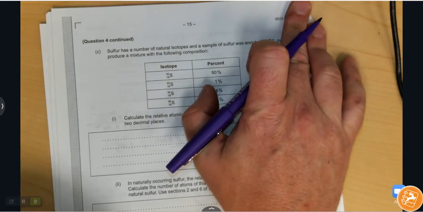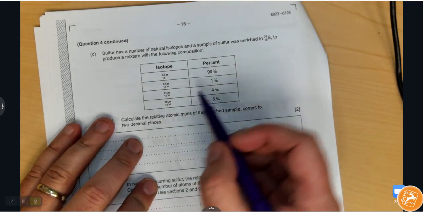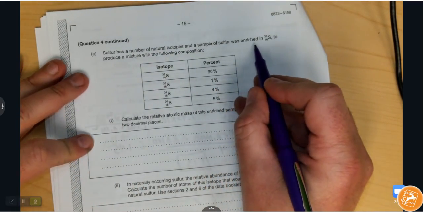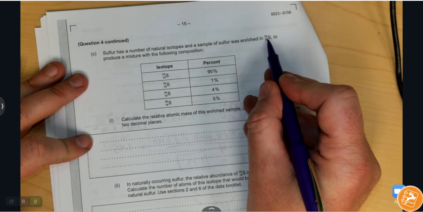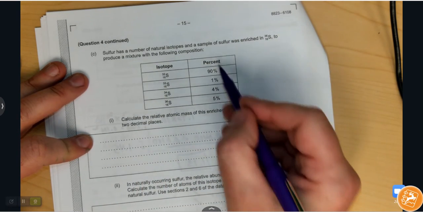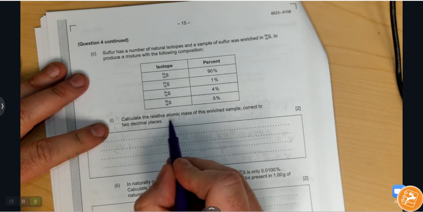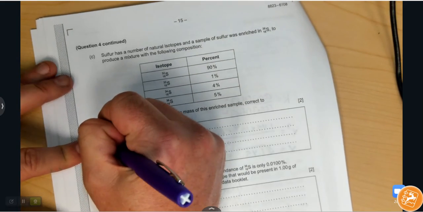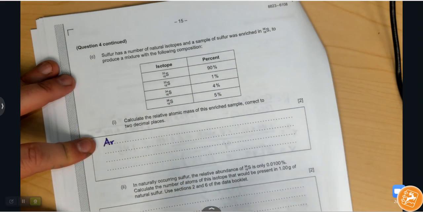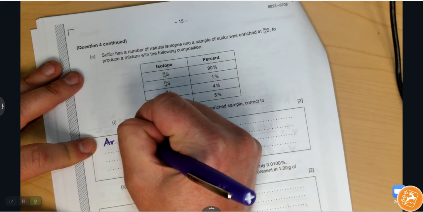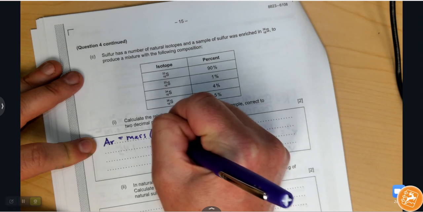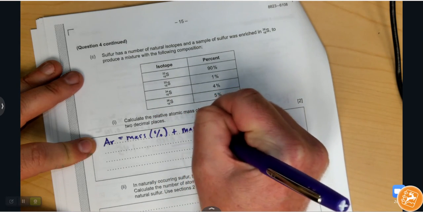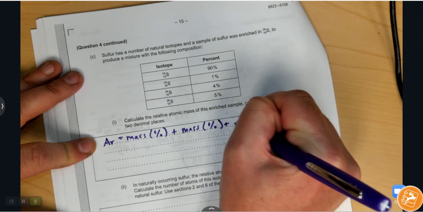Moving right along, it says sulfur has a number of natural isotopes and a sample of sulfur was enriched in sulfur 36 to produce a mixture with the following composition. Calculate the relative atomic mass of this enriched sample, correct to 2 decimal places. So remember, to find the relative atomic mass of anything, you have to take the mass of each isotope and multiply by its natural abundance.